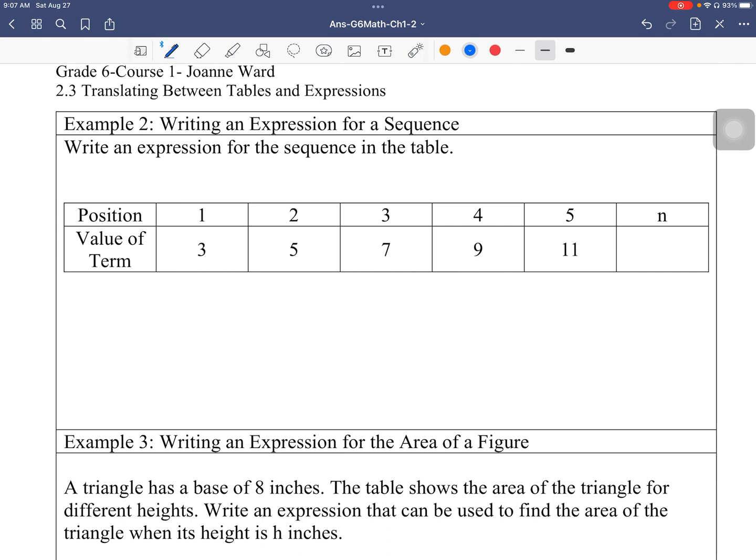So, example 2. How are we going to write an expression for a sequence?